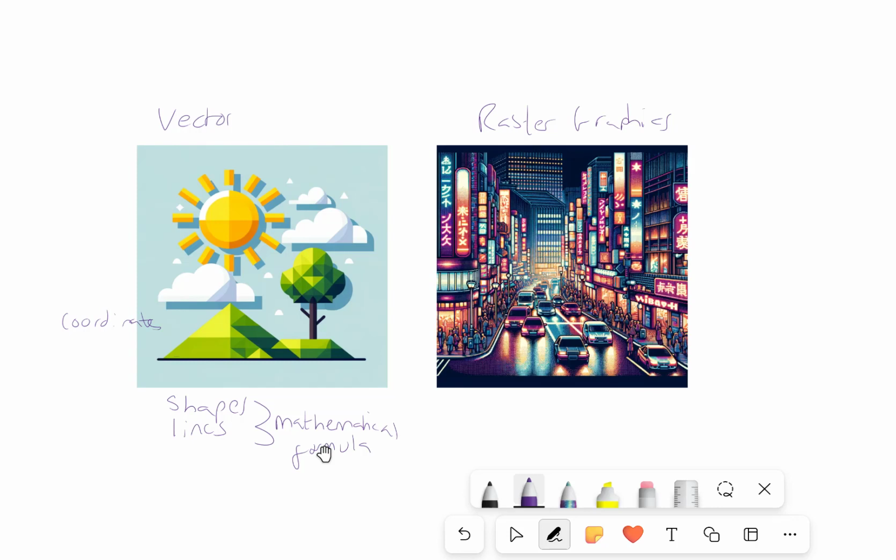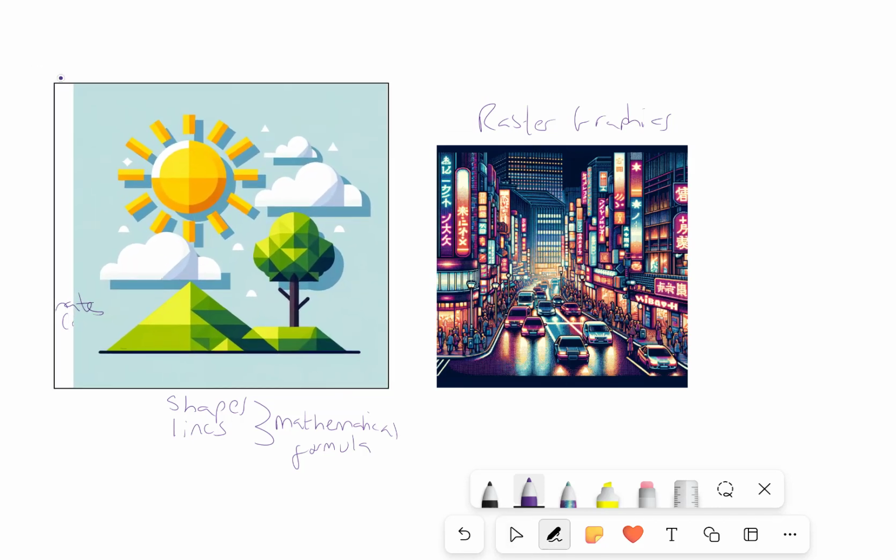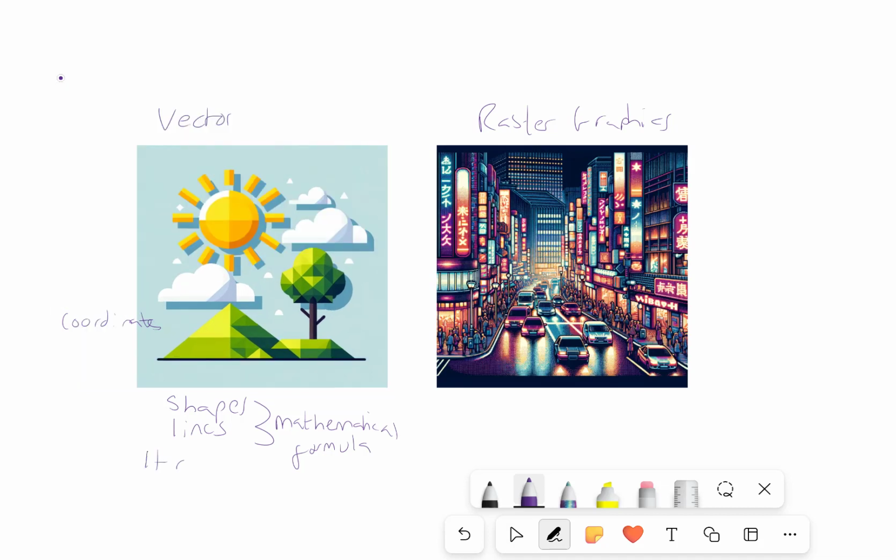If I wanted to stretch this picture out, so let's imagine we want to make it larger and larger, what happens is it doesn't lose its quality. So it can be enlarged. Why? Because these formulas, which they're made up of, adjust automatically based on what you want. So it keeps a ratio.